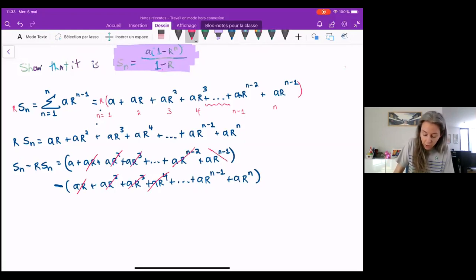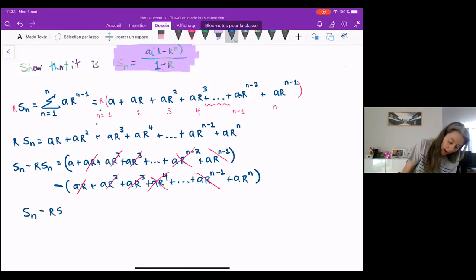And then the ar to the n minus 1s will also get canceled out. So what I have left, s sub n minus r s sub n, is equal to the only thing left in the beginning, a, and the only thing left in the end, ar to the power of n.